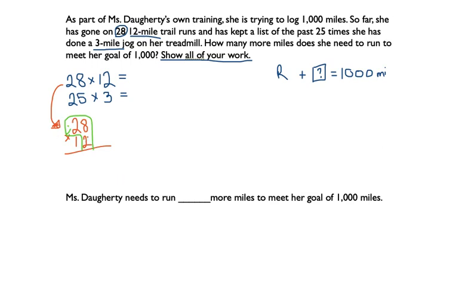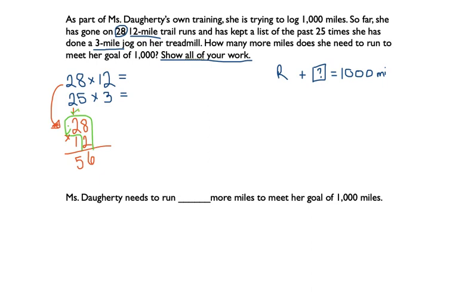I multiply in the ones place, 8 times 2, which is 16. I multiply the ones place by the tens place, 2 times 2 is 4, plus the one at the top that I carried is 5. When I move over to my next column, I do the 3 steps of the turtle method.